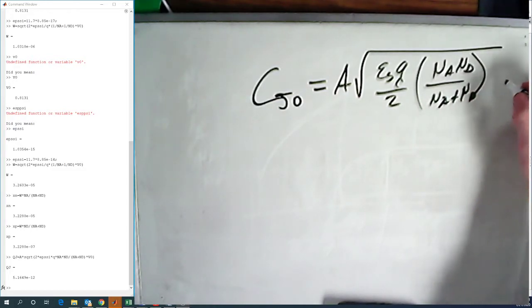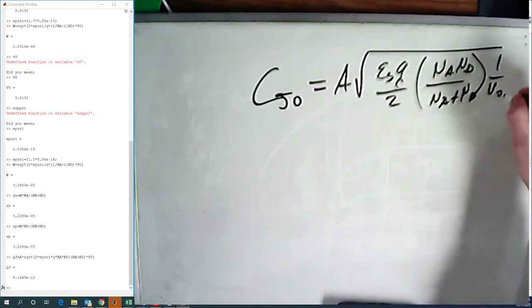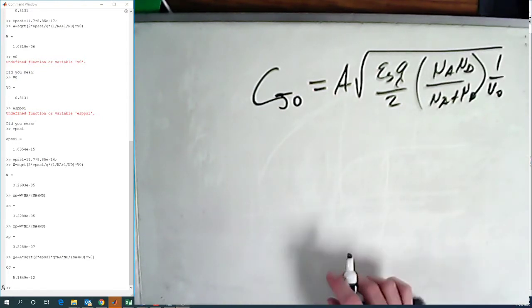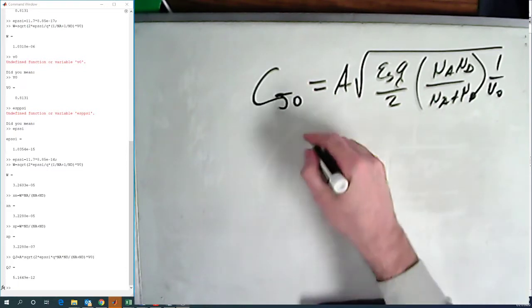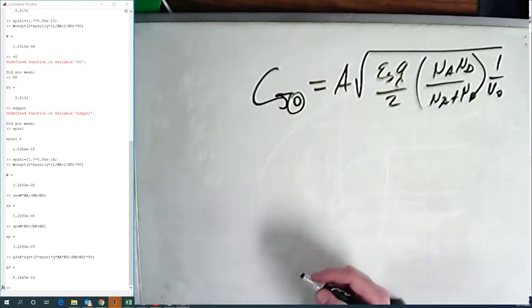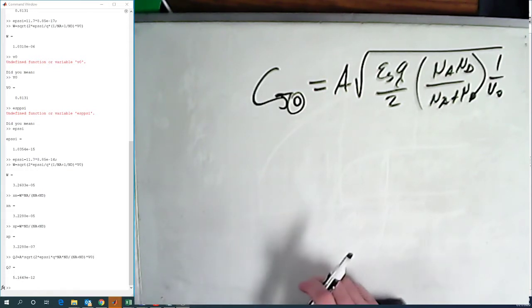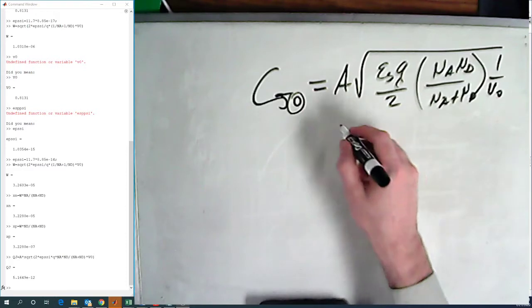And this is multiplied by 1 over V0. So that's our entire junction. This is the junction capacitance at 0, so in other words, there's no reverse bias voltage applied to this. And so what we want to be able to do is use this equation.